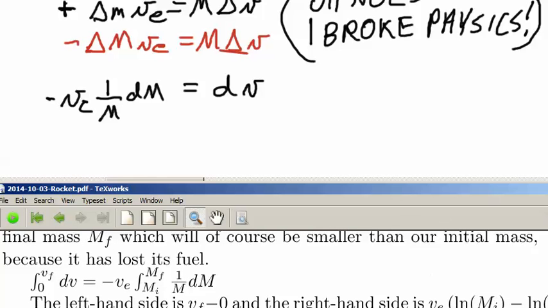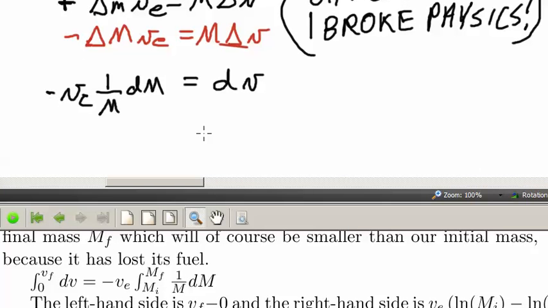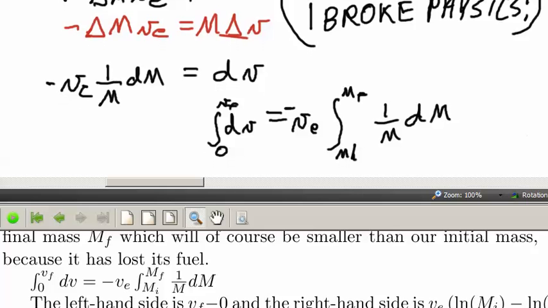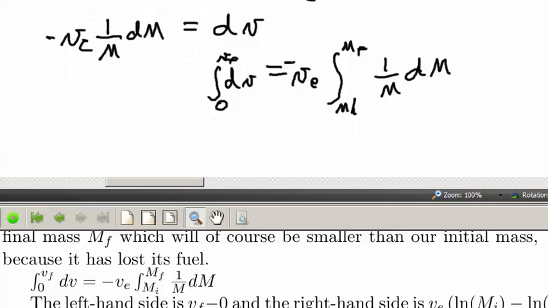So this is just going to be the integral of dv from 0 to v final is equal to, and then I'll write v sub e outside the integral because it's a constant, from mass initial to mass final. I forgot my negative sign, which was so important to me. 1 over m dm.